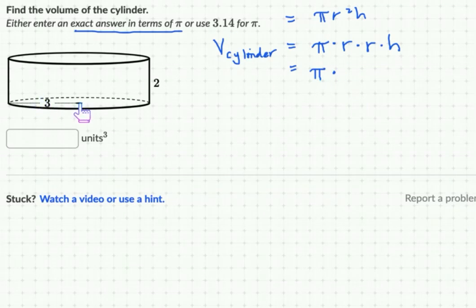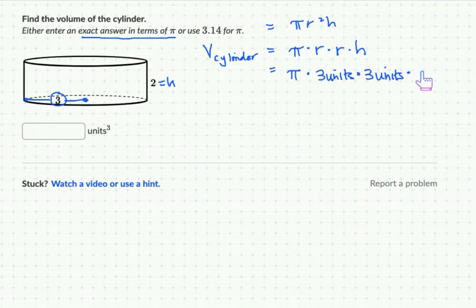Our radius, remember, is the center of the circle to the edge. So our radius here is 3. This is 3 units times another 3 units. And then we have to multiply by the height, which is 2, so we're just multiplying by 2 units.